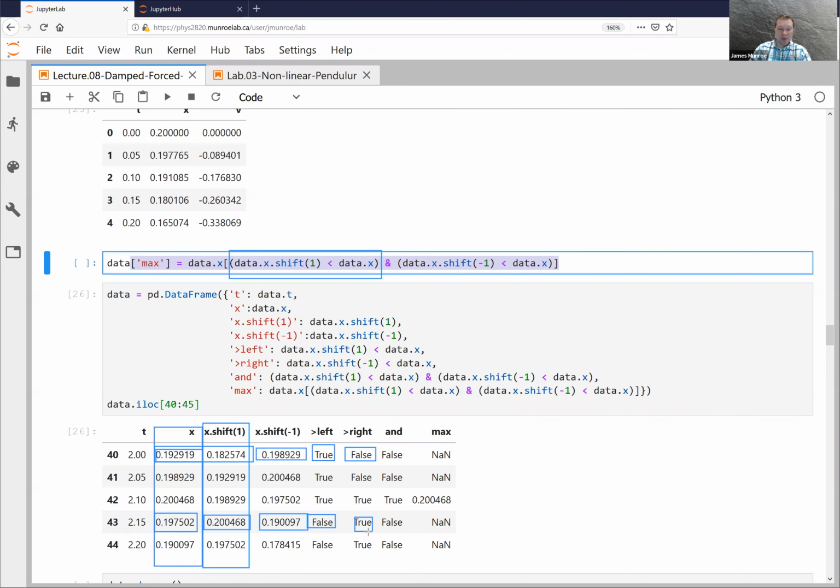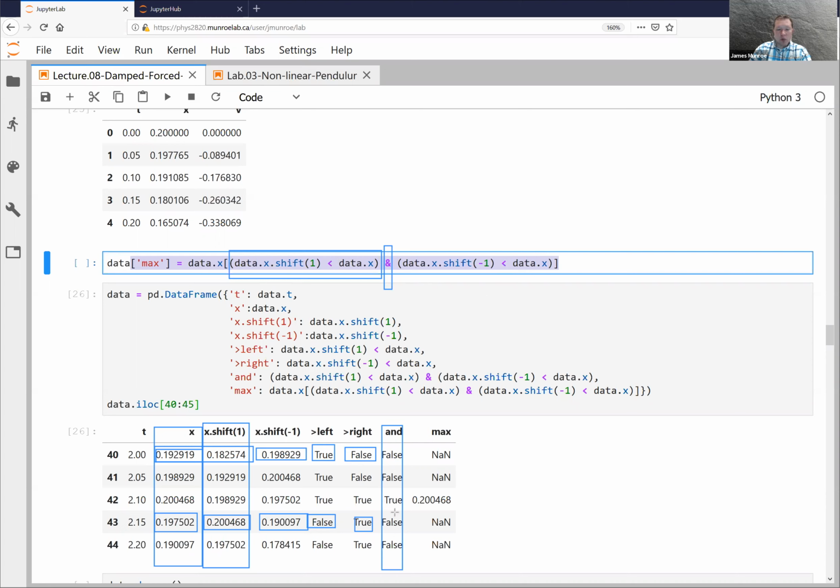For it to be a maximum, you need that operator right there. That's a logical and. It says if this thing is true and this thing is true, then they both are true. So by logic, if true and true are both true, then the whole thing is true. All that is to say, I'm trying to figure out a single condition that tells me where my maximum is.